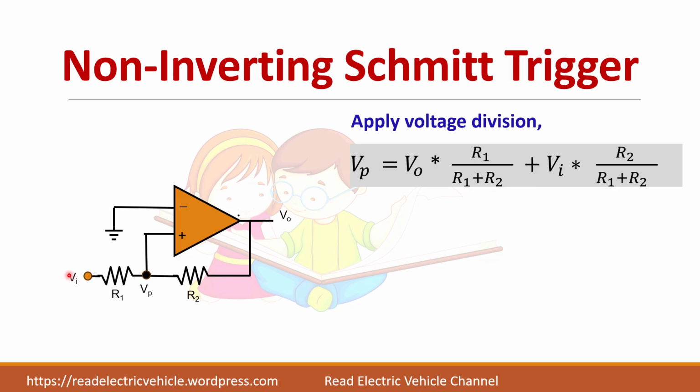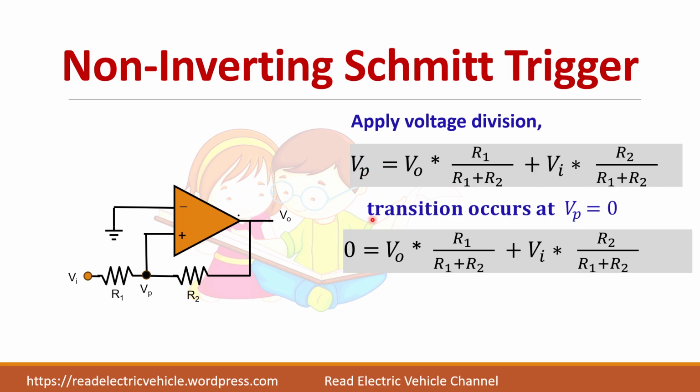Then I will keep this source and ground the V0, and it will be Vi into R2 divided by R1 plus R2. Then you add both, you will get the voltage Vp. So this Vp is always compared with 0. So let us equate Vp to 0 and solve this equation. You will get Vi equal to minus V0 into R1 by R2.